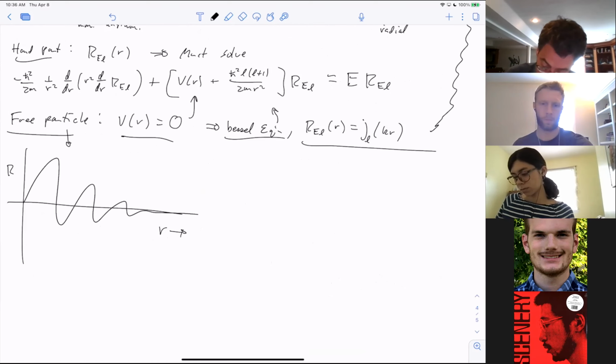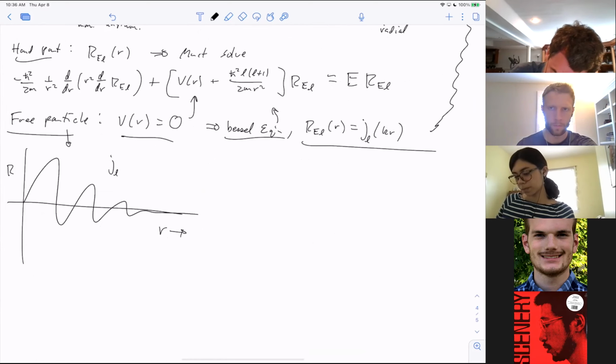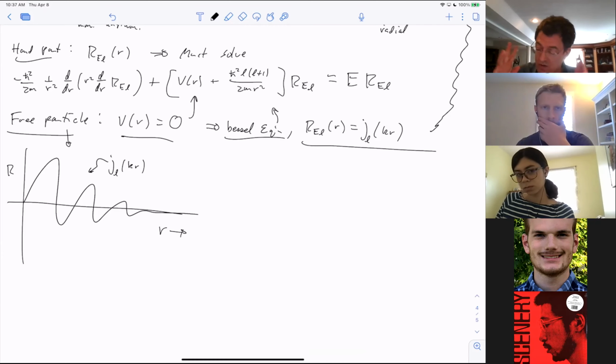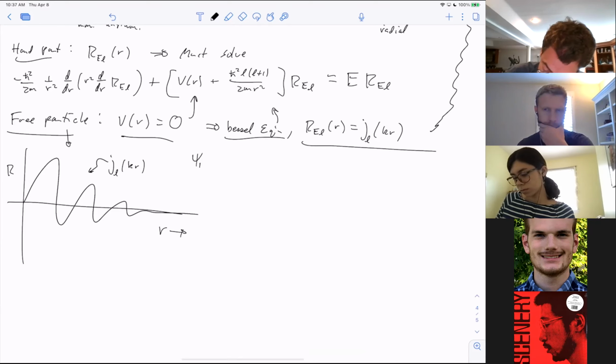And then for the Bessel function, it has well-defined angular momentum because we're solving everything in spherical coordinates, in which case the solution to the Schrodinger equation has well-defined angular momentum, because remember, the solution of the Schrodinger equation is equal to the radial part times the spherical harmonic.